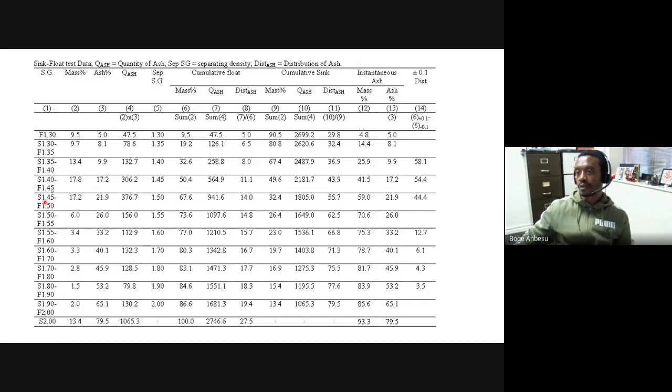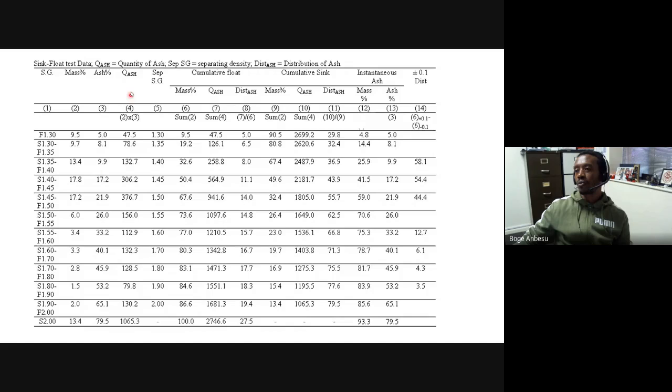Okay, so what is this one here? So these three columns are what I've showed you in the previous slide. Okay, so this is percent of loss from the total for each of the specific gravity of media used, and this is the ash content in each of them. Okay, so 17.2 is percent of ash in this float, and 40.1 is percent of ash in this float, and so on.